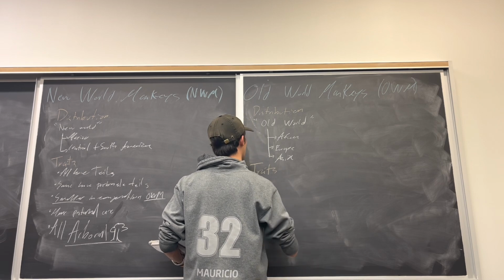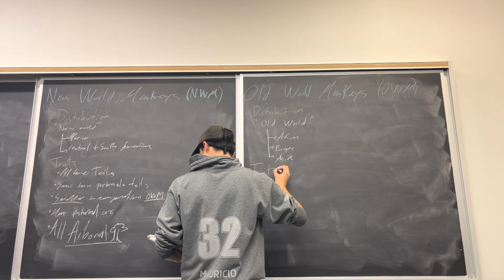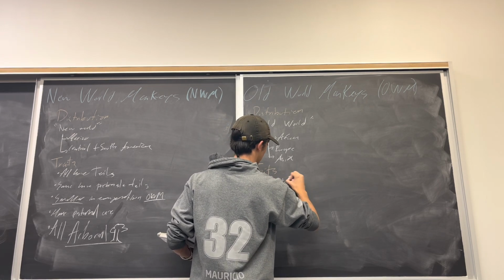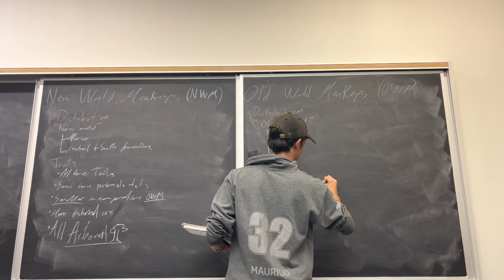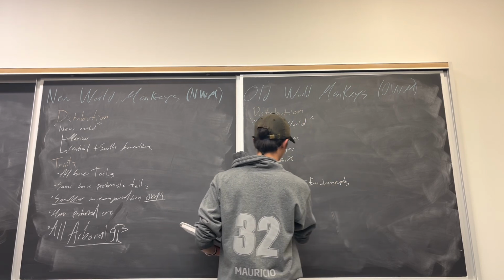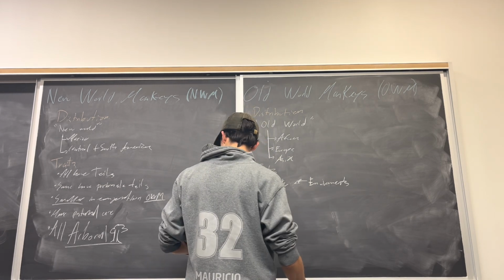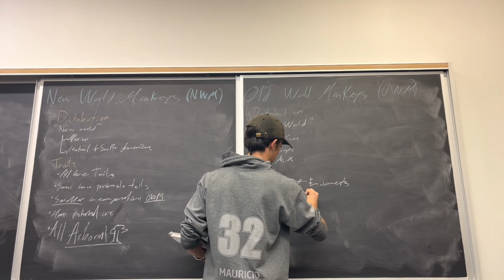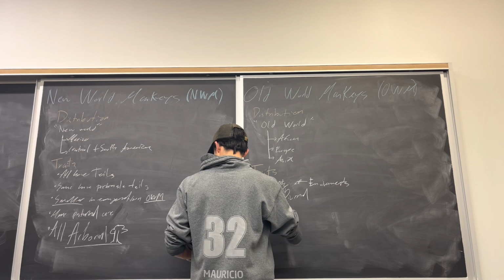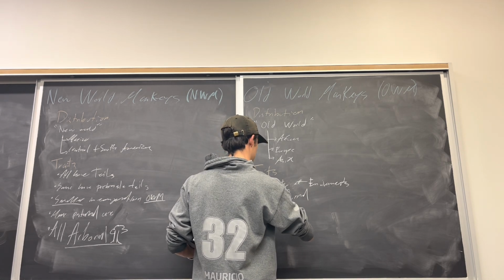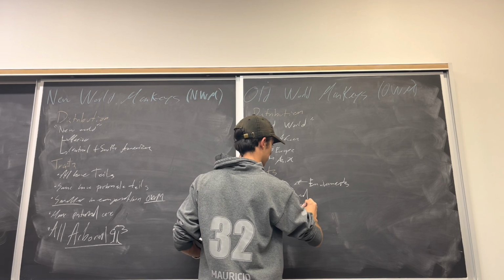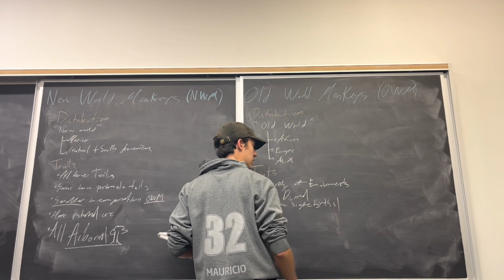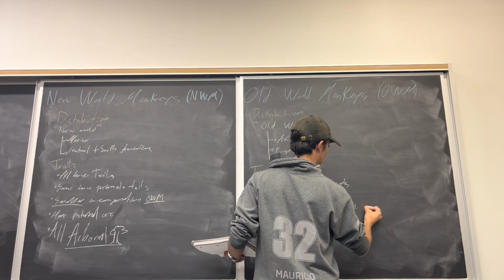So some traits of the Old World monkeys. They are found in a variety of environments, different types of environments. All are diurnal. All have single births. Sometimes we have twins.